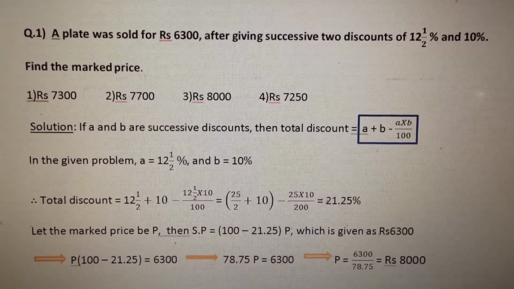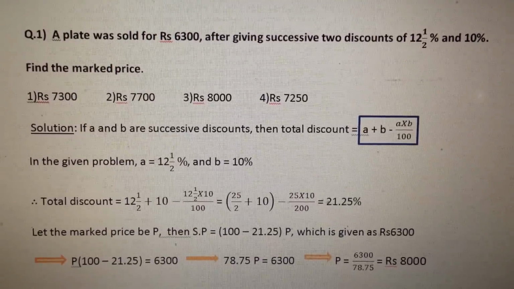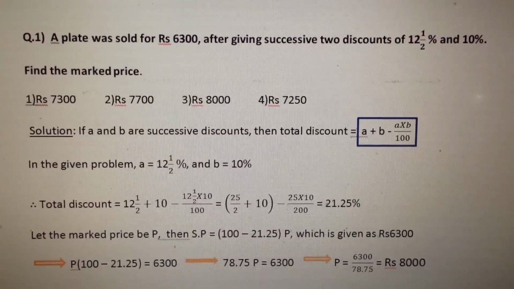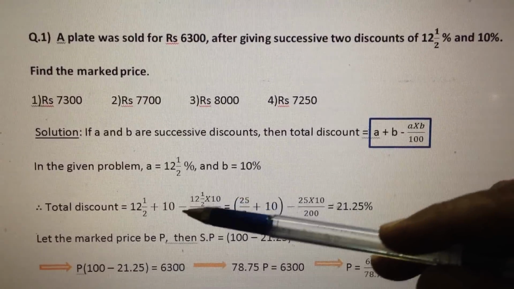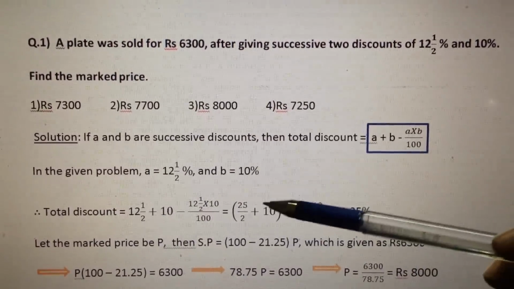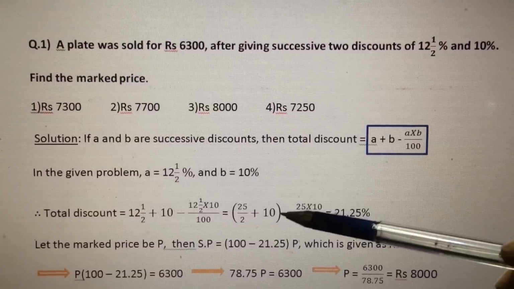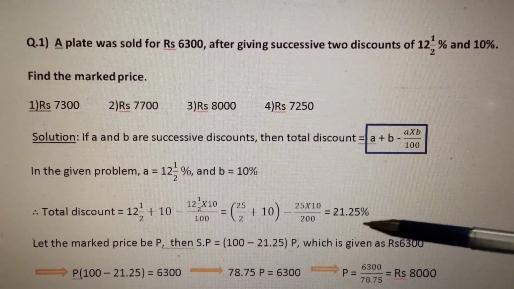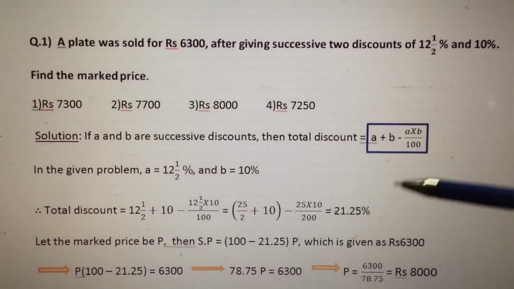Now let us substitute the values of 12.5% and 10%. Now we get the total successive discount as 12.5 plus 10 minus 12.5 into 10 by 100, which is equal to 25 by 2 plus 10 minus 25 into 10 by 200, which is equal to 21.25%.